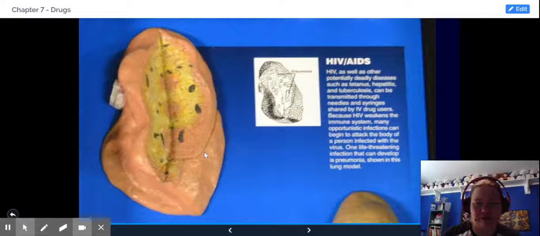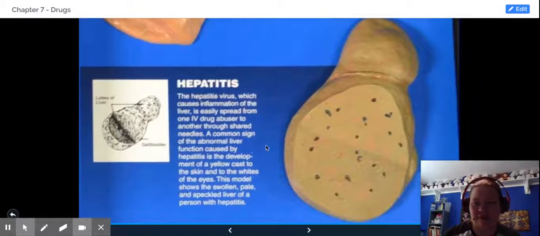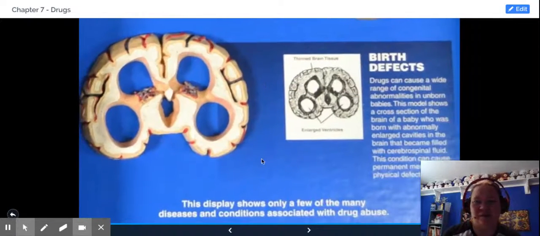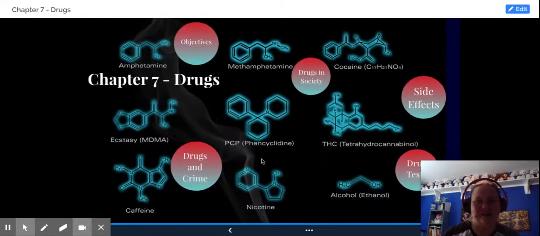This is pneumonia related to HIV. Hepatitis: you get yellow cysts and a swollen, pale, and speckled liver. And then birth defects. These are not all the physical conditions that can happen with drug use, but the point I want to make, guys, is just don't do drugs, and your body will thank you.